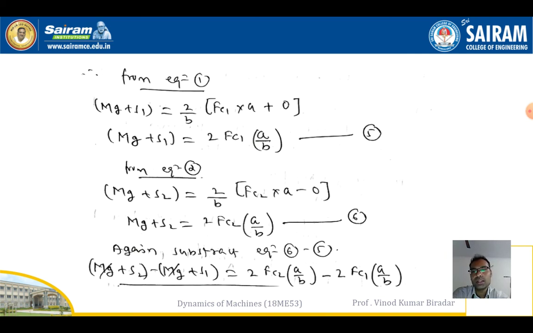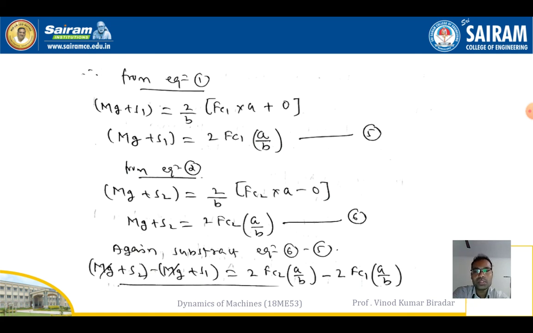So mg plus s1 is 2 fc1 a by b. Similarly from equation number 2, mg plus s2 is equal to 2 by b fc2 into a, with the moment assumed as 0. So mg plus s2 is equal to 2 fc2 a by b. Give equation number 6.